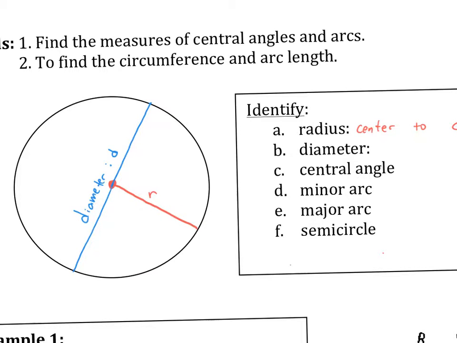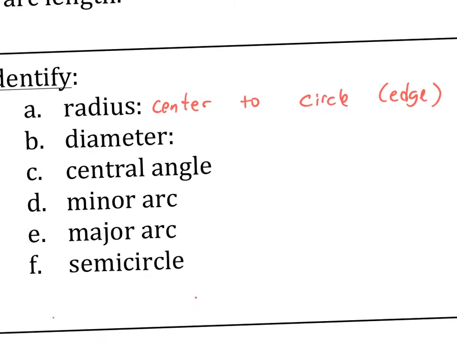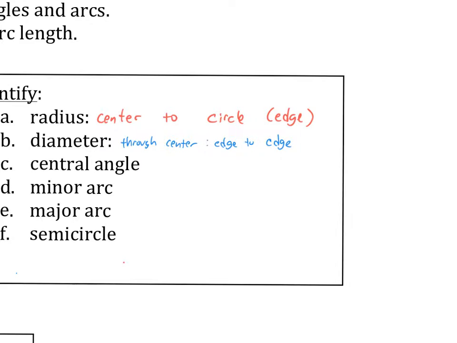Two R's make one D. So the diameter goes through the center, edge to edge. Therefore, D is 2R. Two radii, which is the plural for radius, make one diameter.